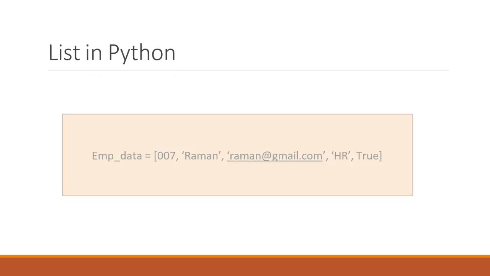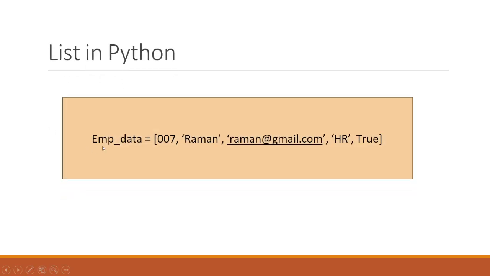Here you can see we have this employee data with multiple values, and we are trying to store these multiple values inside this single variable. This is called a list. A simple definition we can write here: list is a data structure in which we can store multiple values.